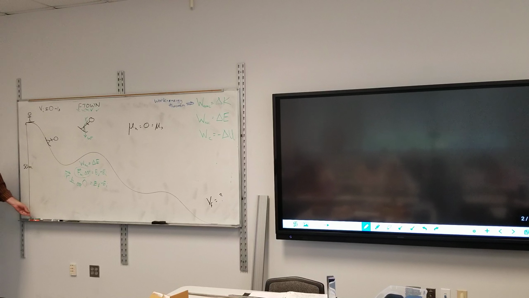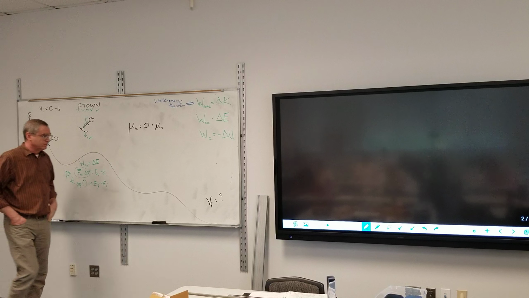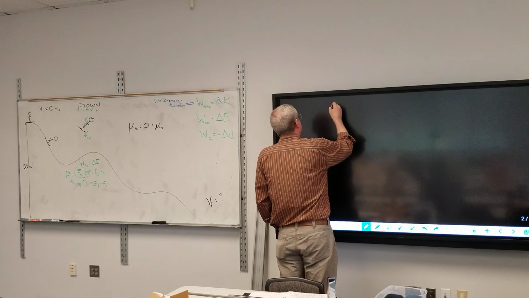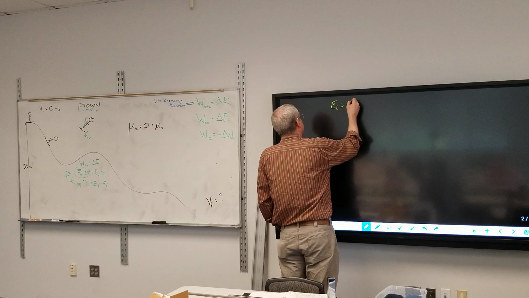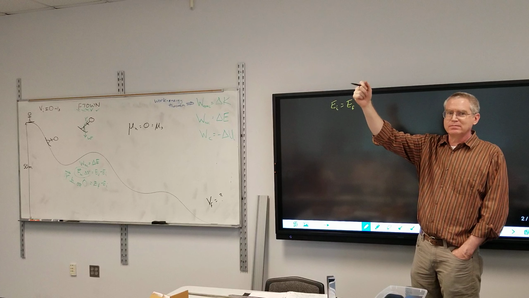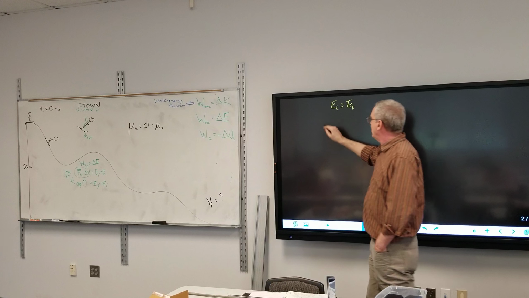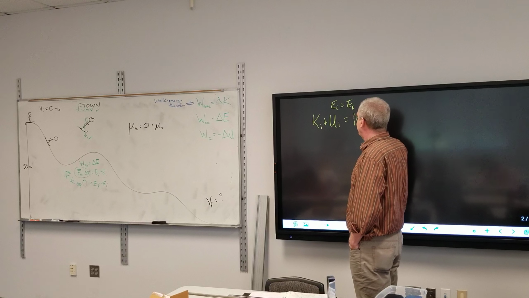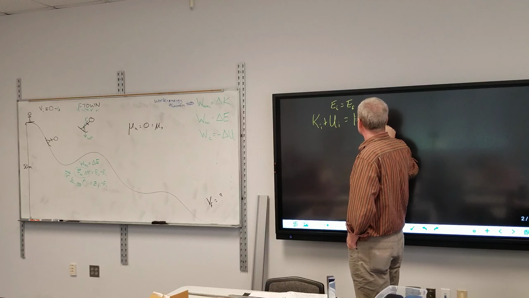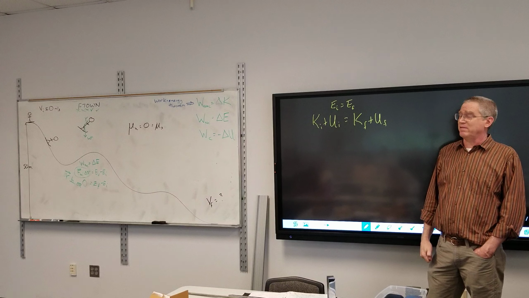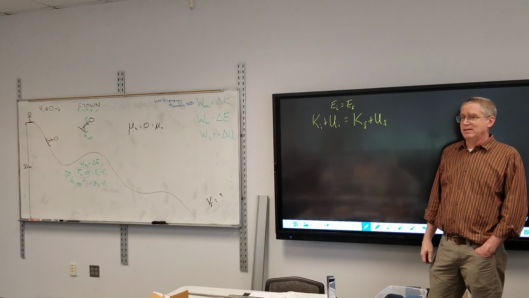So we are now dealing with the exact same problem as we did before. I have my initial energy equals my final energy. What are my two types of energy? That's it, right? So K initial plus U initial is equal to K final plus U final. I'm about to ask the same question again that I've asked you several times already. Be mentally prepared.